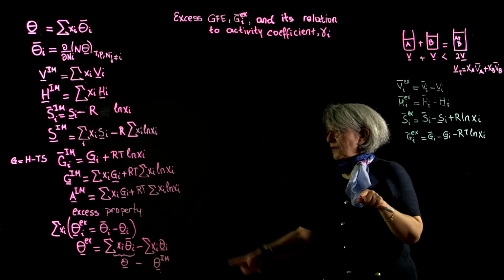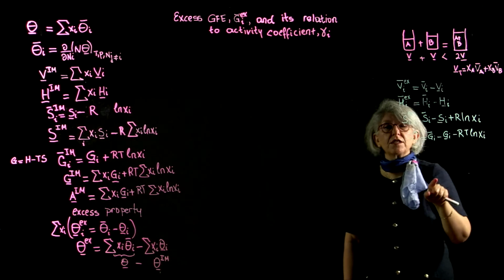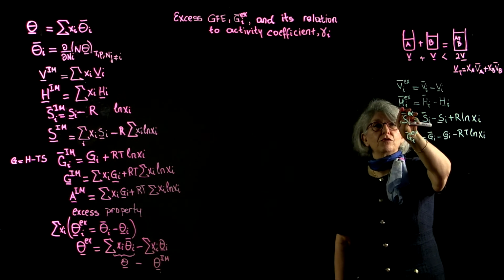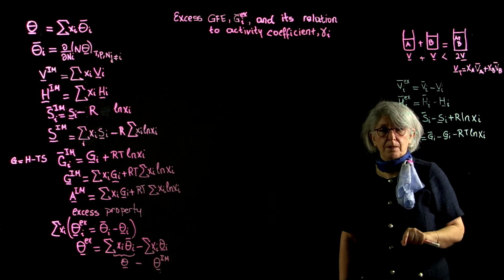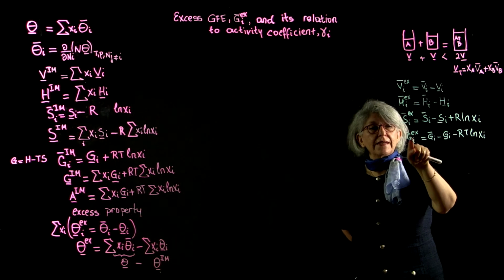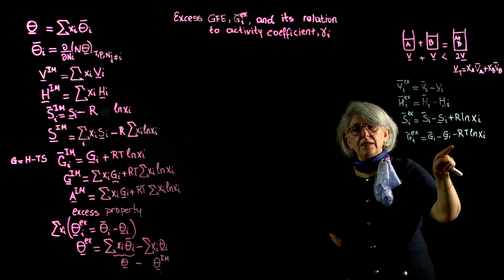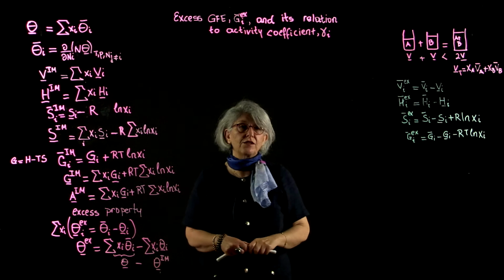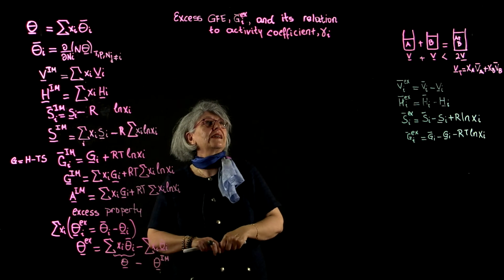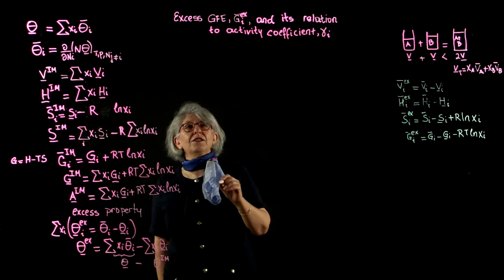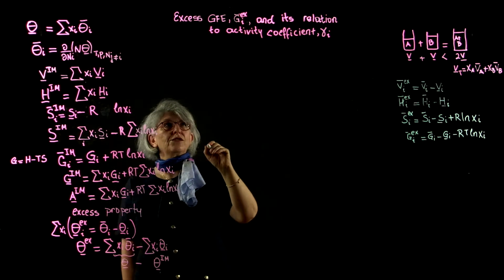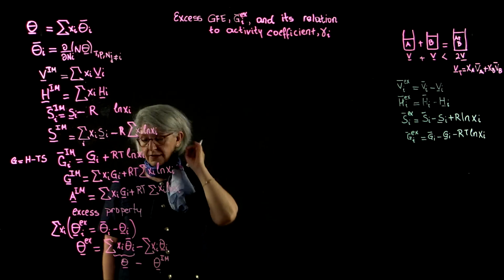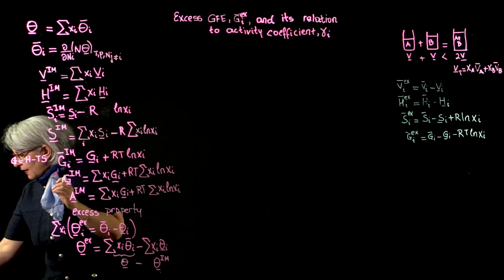Minus comes from the definition of Gibbs free energy in relationship to enthalpy and the entropy. This excess Gibbs free energy is going to be reflected in the definition of the activity coefficient. So let's start from this excess Gibbs free energy.